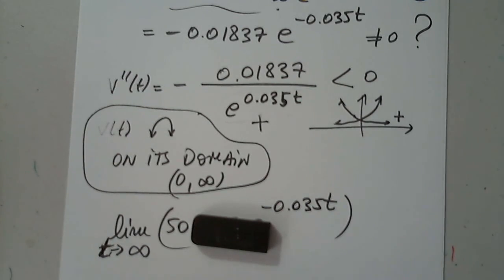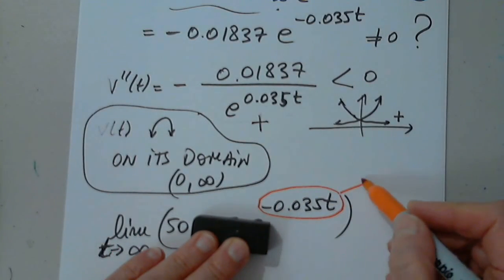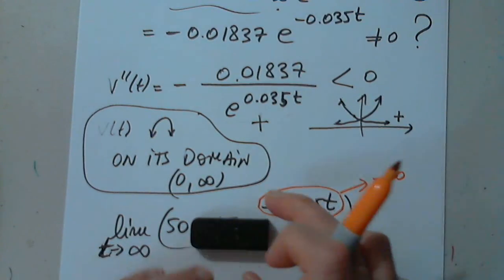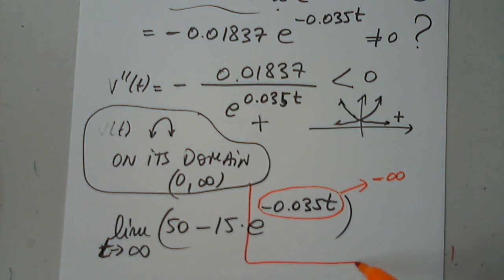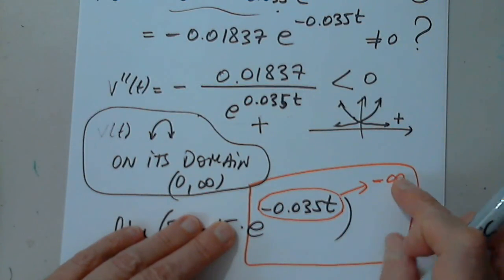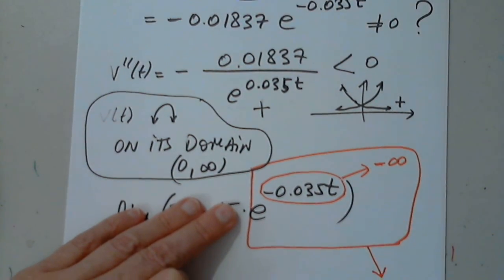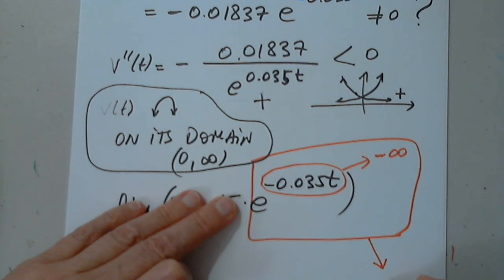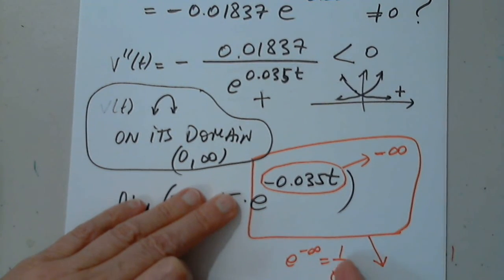Good. So this approaches negative infinity. Where is this going then? e to this number, e to negative infinity. Careful. e to negative infinity is 1 over e to infinity. Where is this going? Infinity.